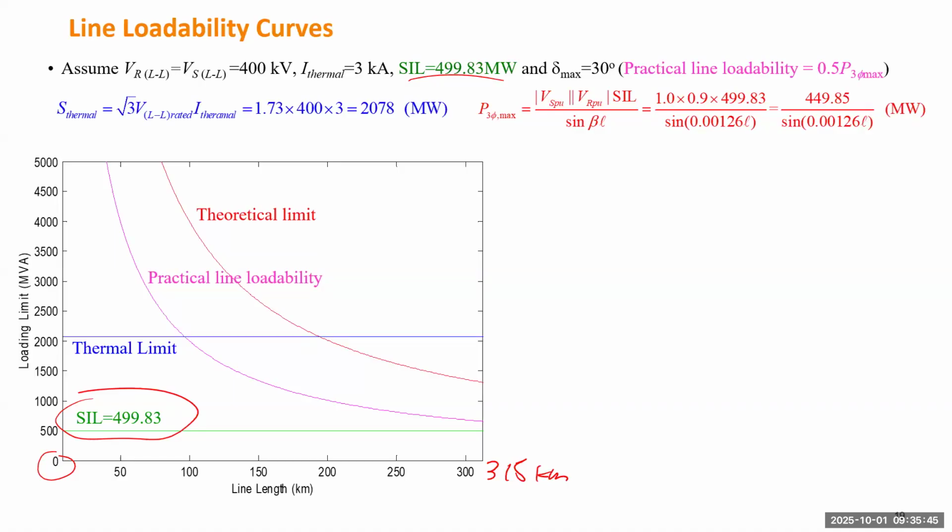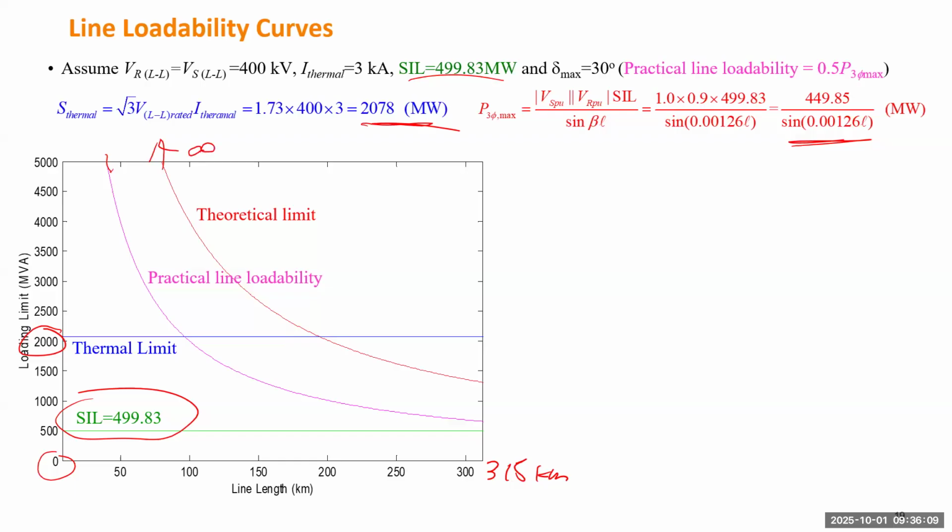So the surge impedance load will be flat, exactly a constant value. And the thermal limit is also constant, around 2,000. That's the thermal limit, the blue line. And the theoretical limit is this one. If you plug in L equals 0, this will give you infinite.